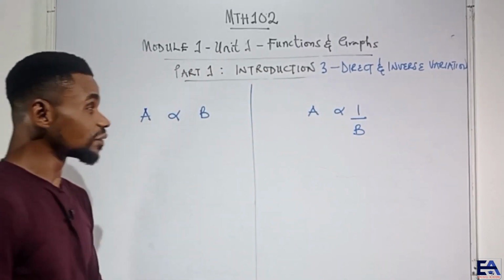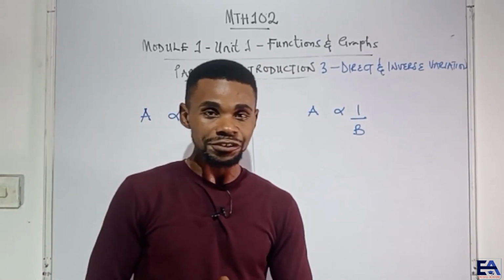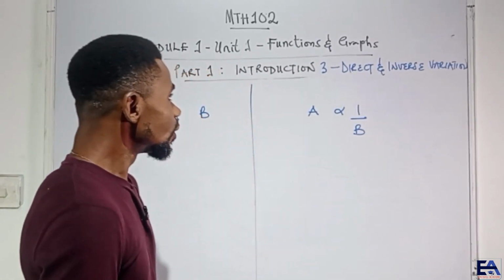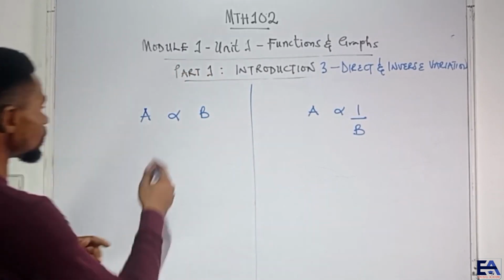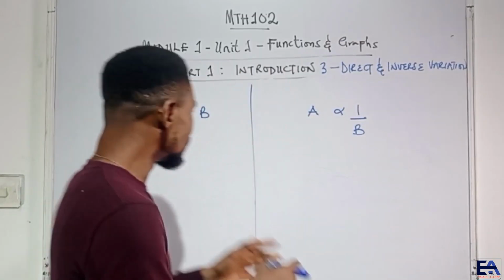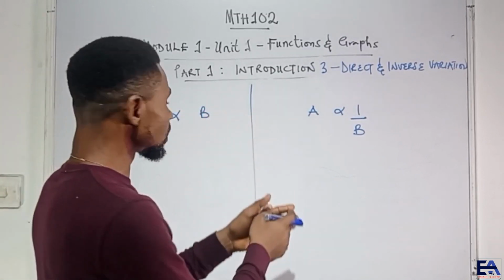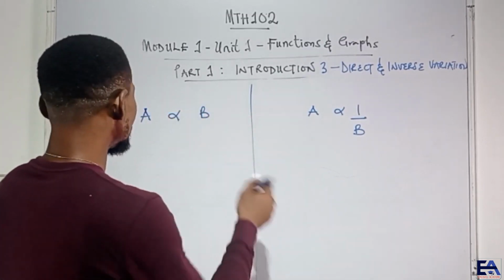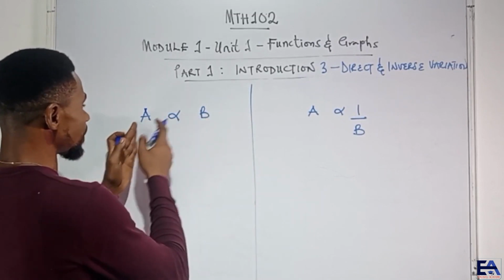So today in this video, we are going to be discussing direct and inverse variation. All right. When you say one term is directly proportional to the other, it means that this depends on this.